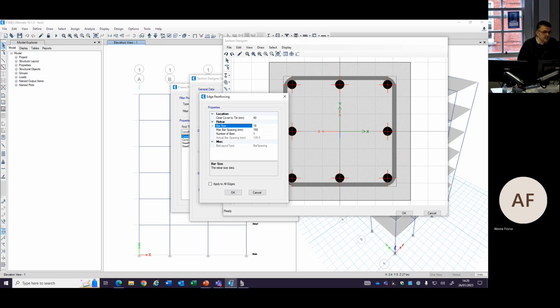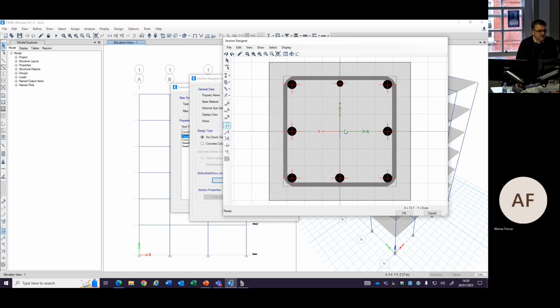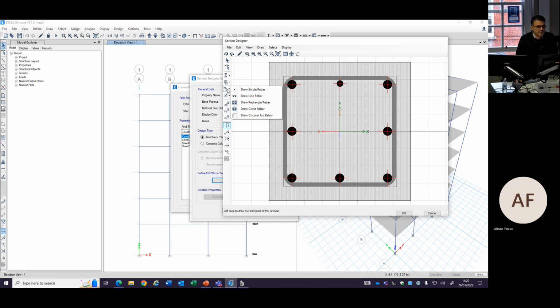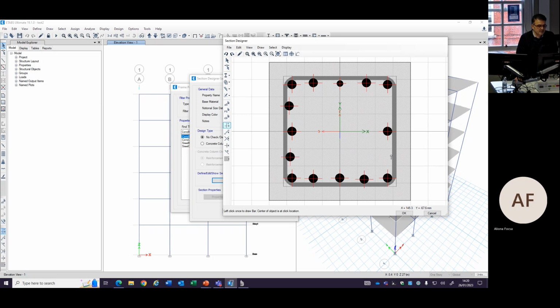I use 18, so just decrease it. If you want, you can also add some rebars in between, like a drawing. Whatever you want, you can add.